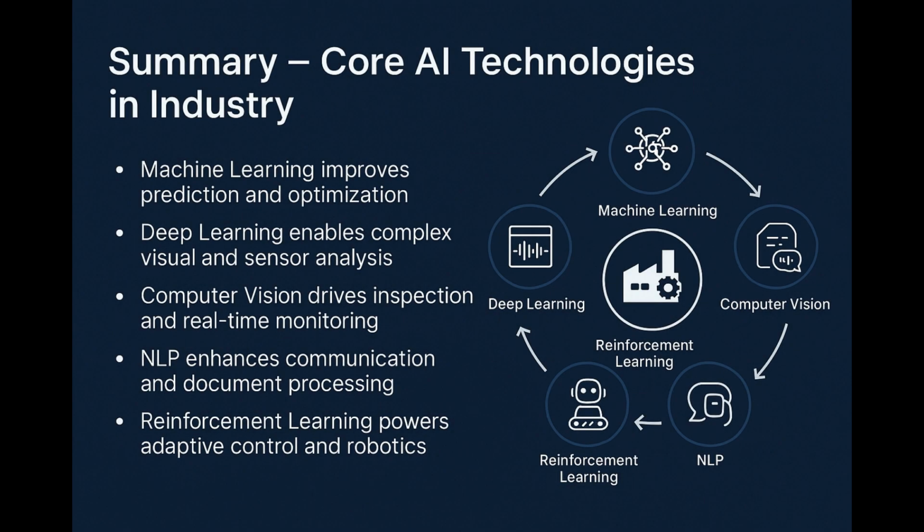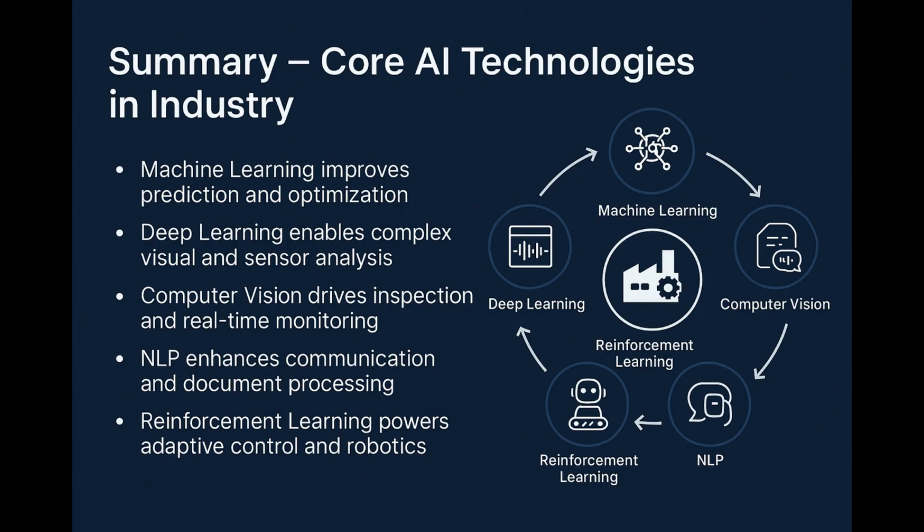Let's quickly recap the core AI technologies that are transforming industrial automation. First, we have machine learning, which helps systems learn from historical data and make accurate predictions. Then deep learning, a powerful form of machine learning used for processing complex inputs like images, waveforms, or signals. Next is computer vision, which enables machines to visually inspect, detect defects, and guide robots in real time.